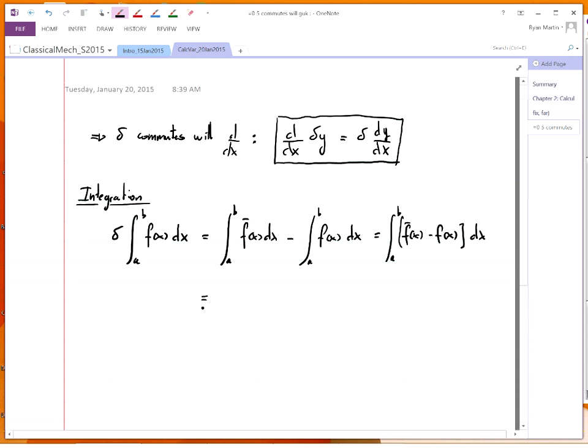Of course, the integral of f bar of x minus f of x, that's the same as taking the integral of epsilon phi of x. Of course, that's the same as the integral from a to b of delta f dx.